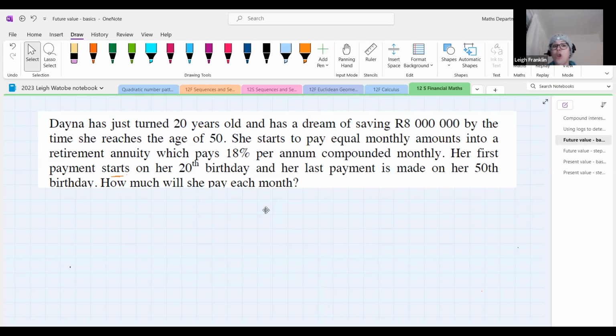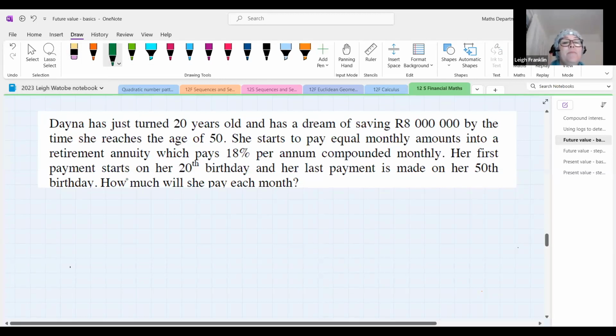So there's a lot going on in this particular question. A timeline is a very useful way of visualizing the problem before we substitute into future value. So what they're implying here is at T0, this is when it is her 20th birthday.